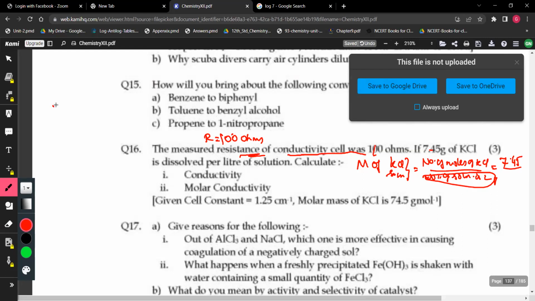7.45, the given mass, by the molar mass of KCl. In KCl, K atomic mass is 39, Cl is 35.5.